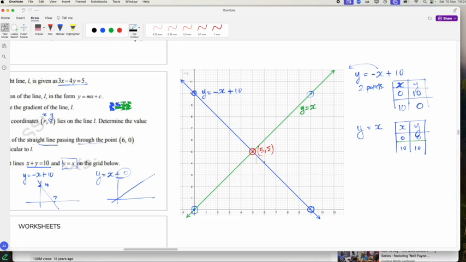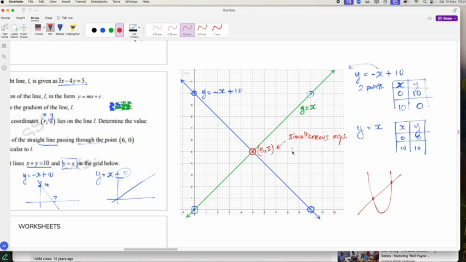Remember when we did quadratics, we had a quadratic and we had a line, and we had to solve them simultaneously to find where the points of intersection are, right? This point of intersection here could also be done using simultaneous equations.